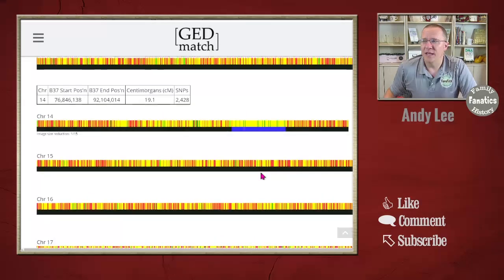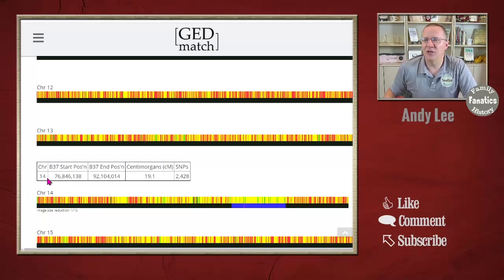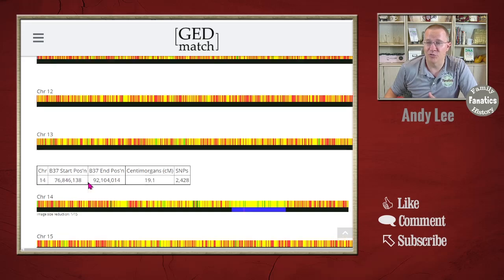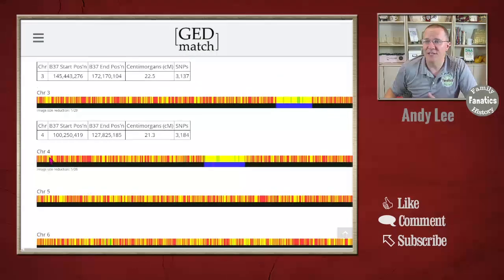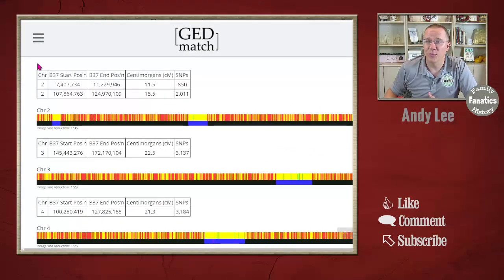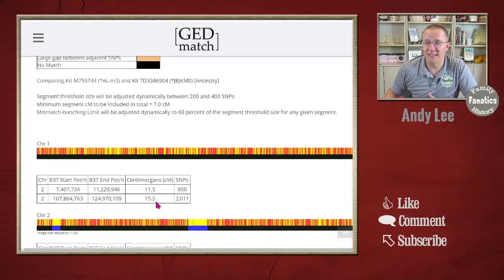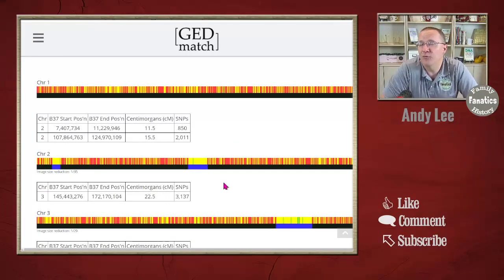The other thing that we can do is take note of where we share DNA with this person. So I know that I share on chromosome number 14, on number 4, on 3, on 2, in a couple of places. I can then look for matches that also share in those locations.